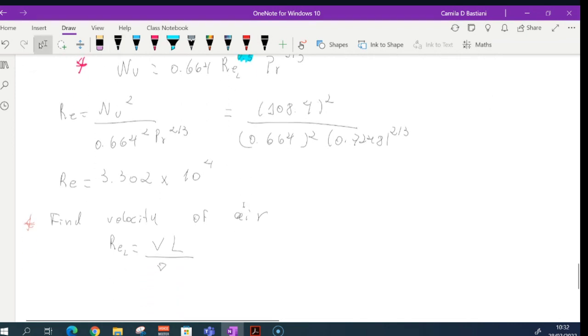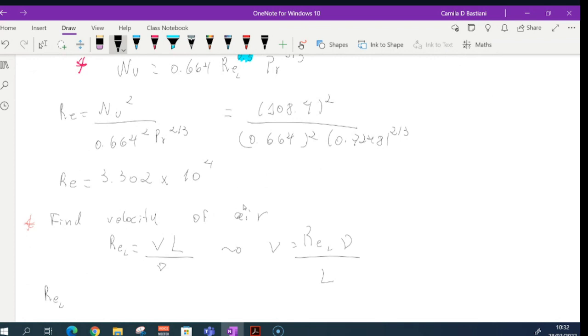This length is the length of the plate. Remember, we are talking about a flat plate. So my velocity is equal to my Reynolds number multiplied by my kinematic viscosity divided by the length of the flat plate.